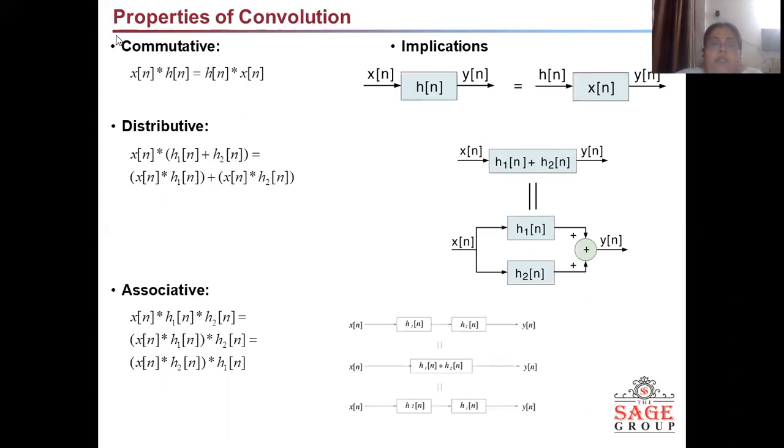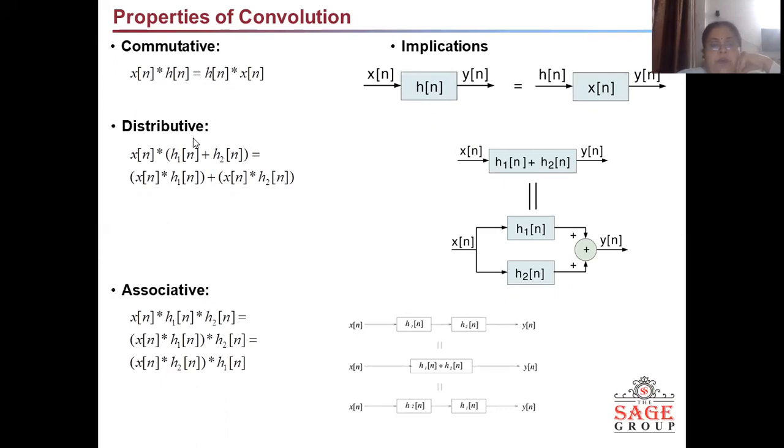Now we'll discuss some properties of convolution. First, it is the commutative property, which means that if we take the convolution of x[n] and h[n], and interchange them, then x[n] convolved with h[n] is equal to h[n] convolved with x[n].